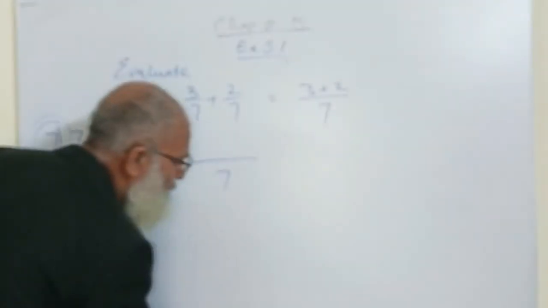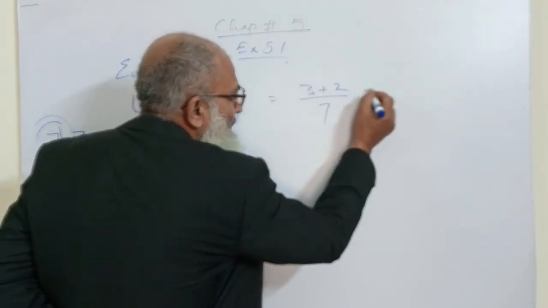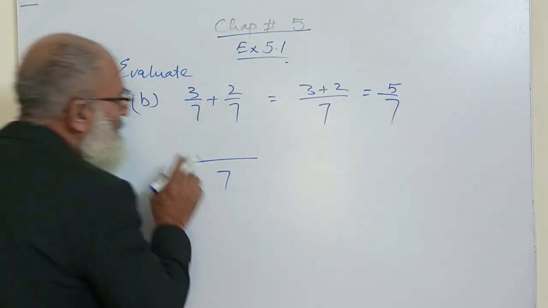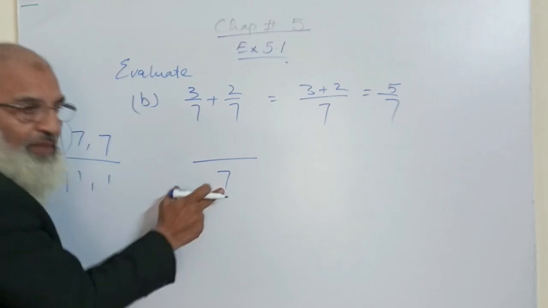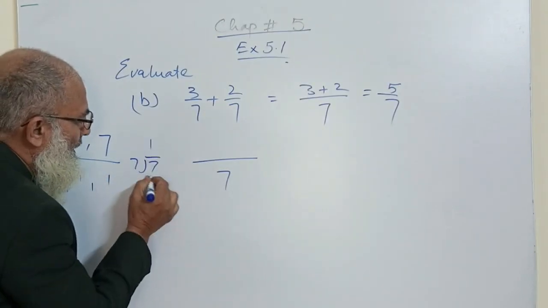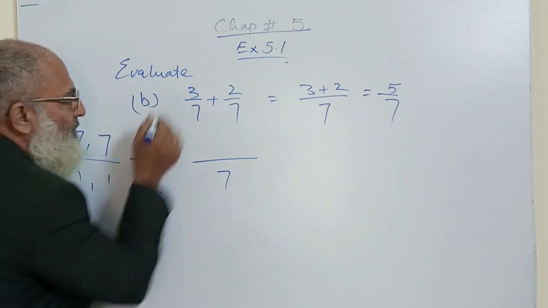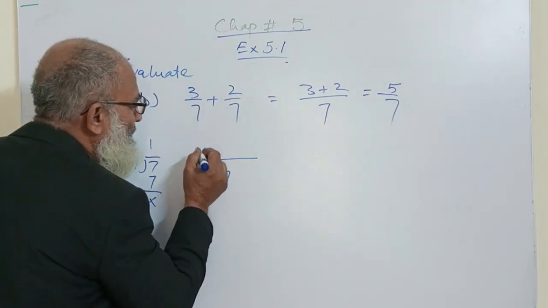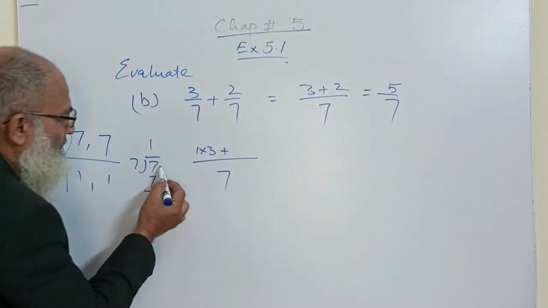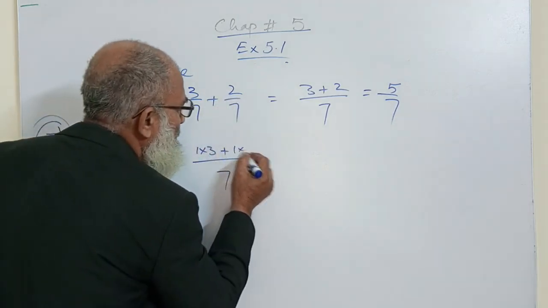You don't have to do this detail over here; you are going to do it straight away like this. 7 1 times 7, this remainder will be multiplied with this, 1 multiplied by 3, plus 7 1 times 7, now this one will multiply with this 2.